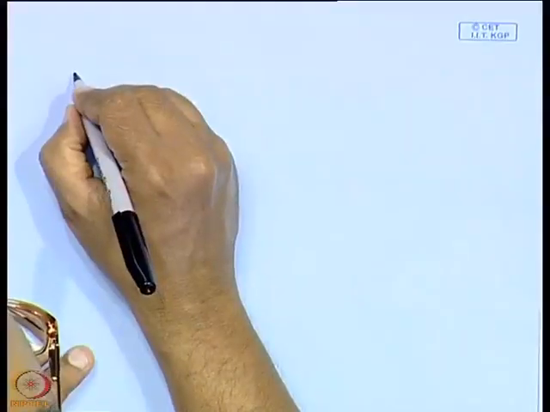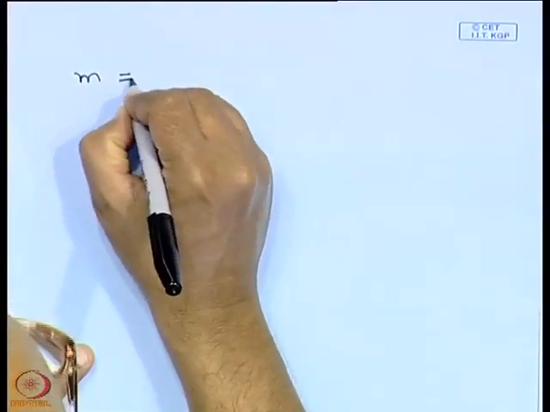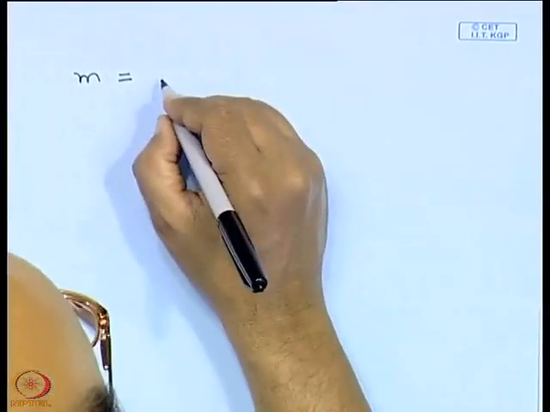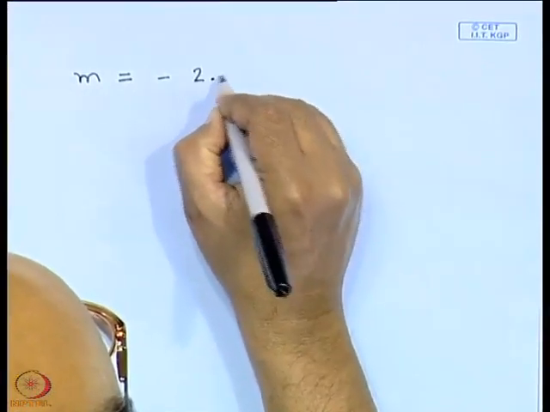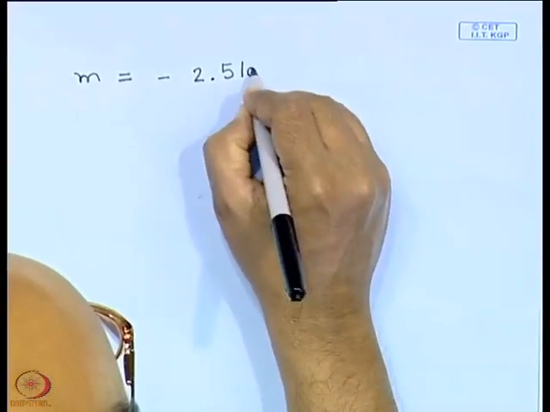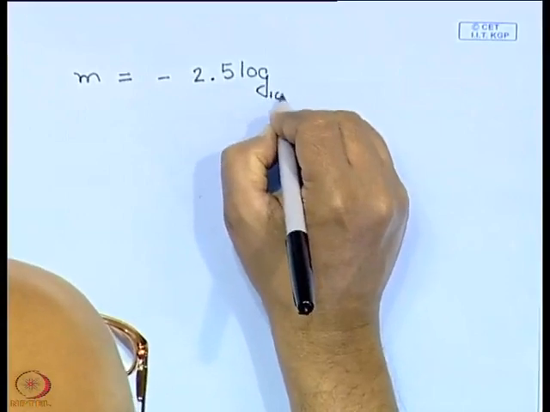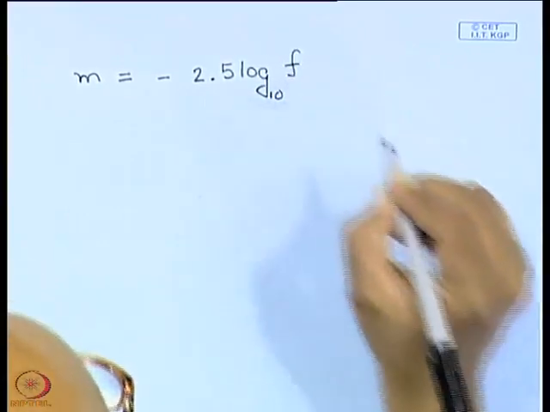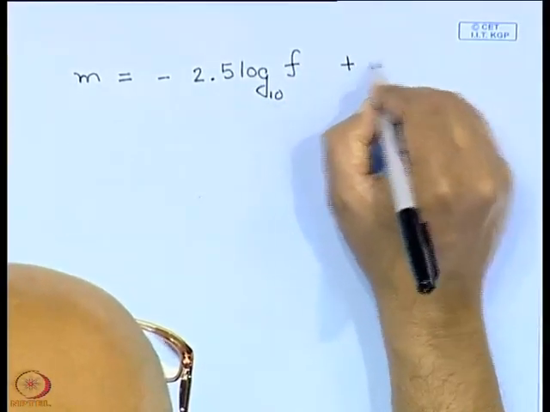So the apparent magnitude is related to the flux like this: minus 2.5 log base 10 of the flux plus a constant.